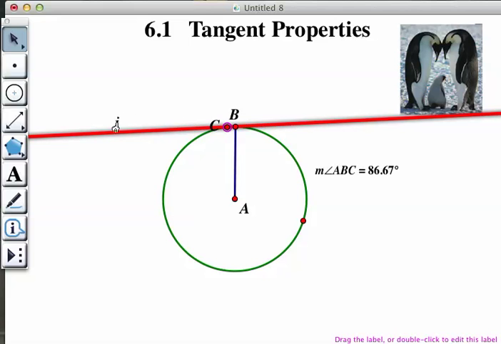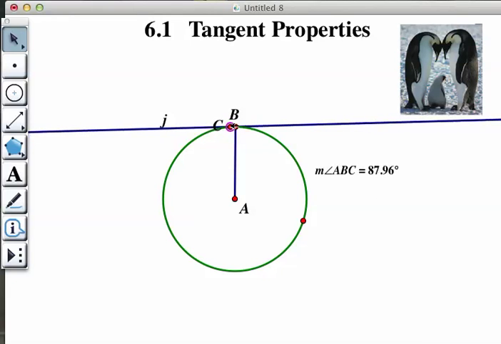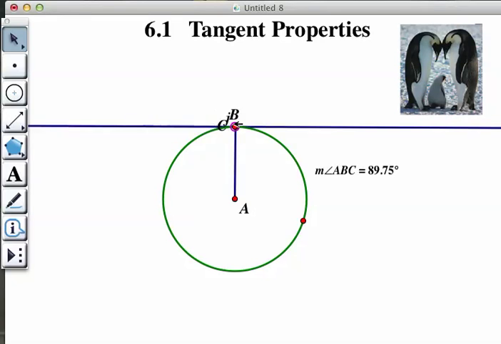As point C gets closer to point B, I'm approximating a tangent line. Look what's happening to my angle measure over here. It's getting bigger and bigger. You guys can all probably make a good conjecture right now. When I get C right on top of B, that angle is going to be about 90 degrees.